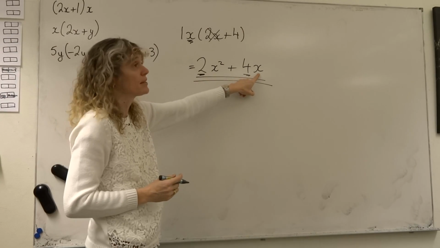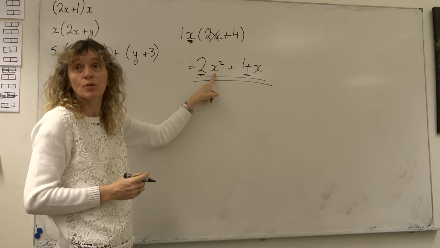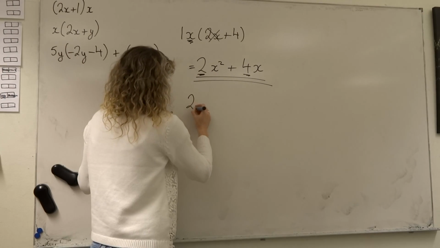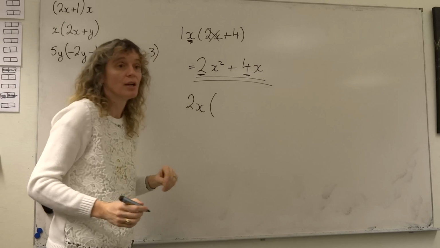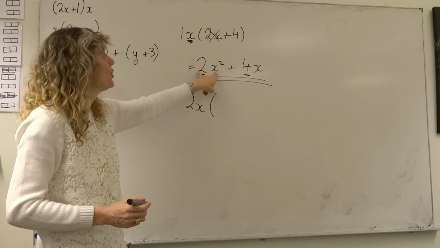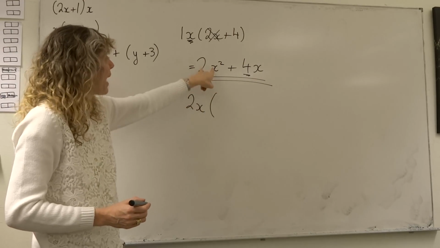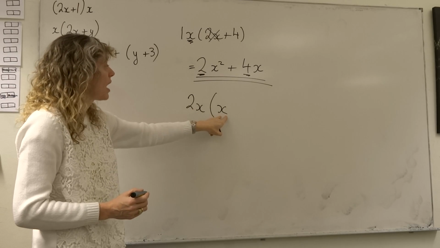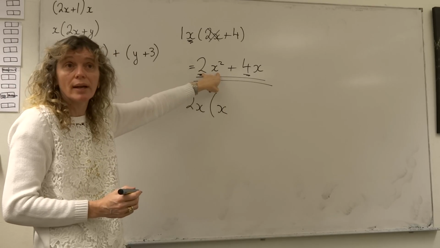Here I've got an x, and here I've got x squared. So if I was to put the brackets back in, I would put 2x outside the front. 2x is common to both of these terms. I can take 2x out here, and to get back to my 2x squared, I just put in an x here. Because 2x times x gives me 2x squared.